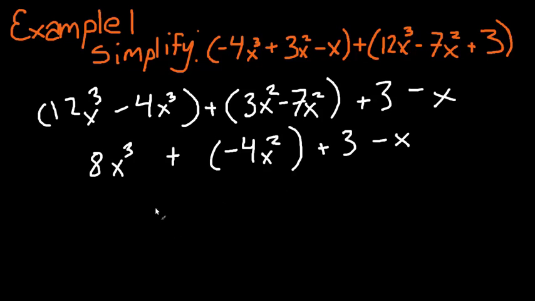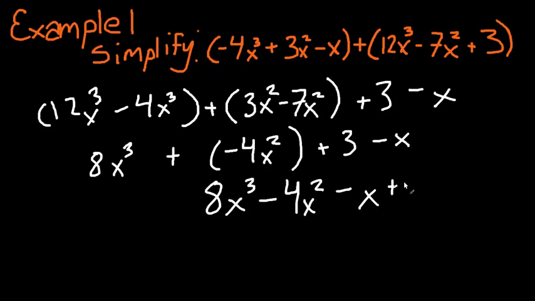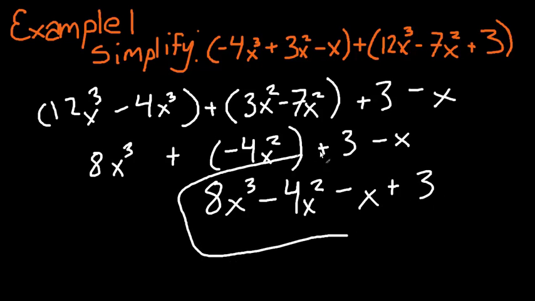Okay guys, so we have everything put together now. I'm just going to go ahead and clean this up and make it look a little bit nicer. 8x to the third minus 4x squared minus x, and I'll put that plus 3 on the end. And there you go guys, we have simplified our polynomial. We've added these two different polynomials together.